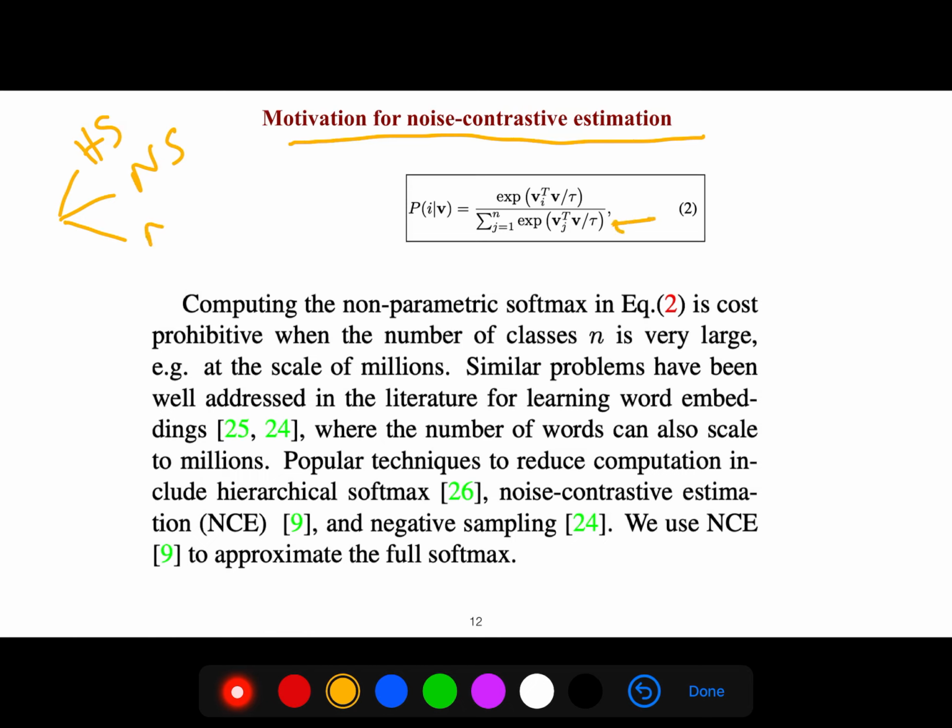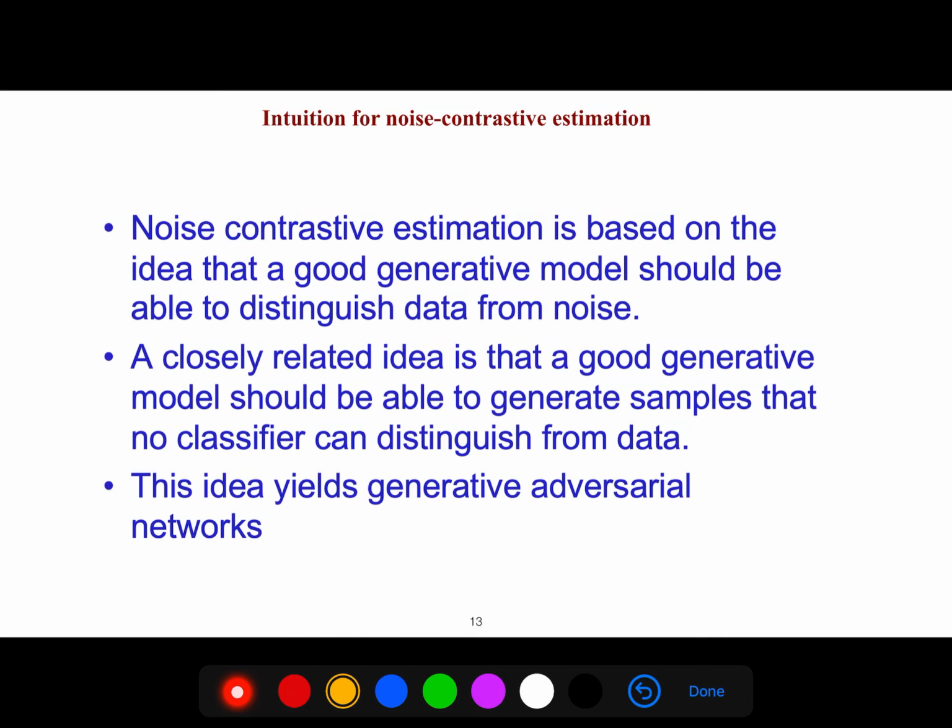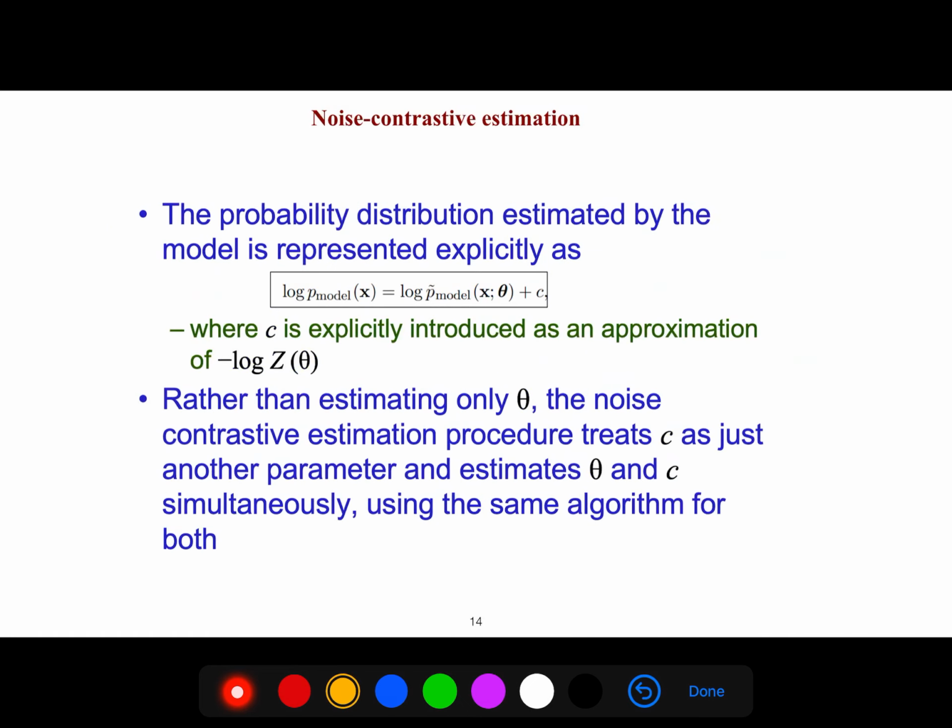Instead, they created noise contrastive learning, which is based on the idea that good generative models should be able to distinguish data from noise. A closely related idea is that a good generative model should be able to generate samples that no classifier can distinguish from data. This idea yields generative adversarial networks.